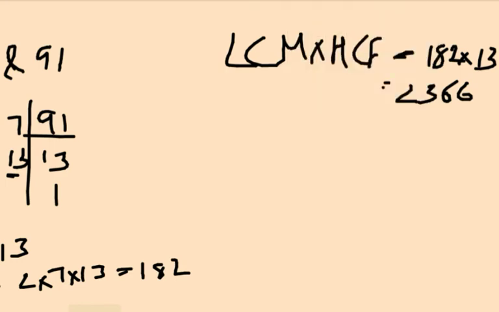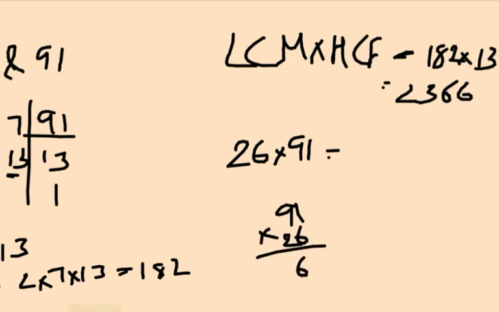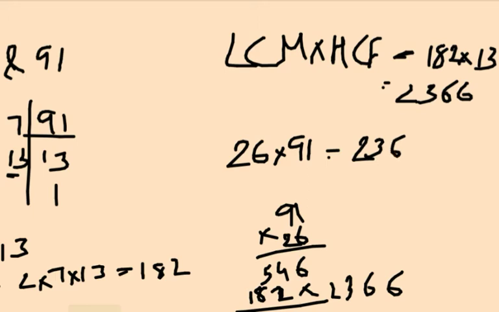Now we find the product of the given numbers. So 26 into 91, we get 2366.